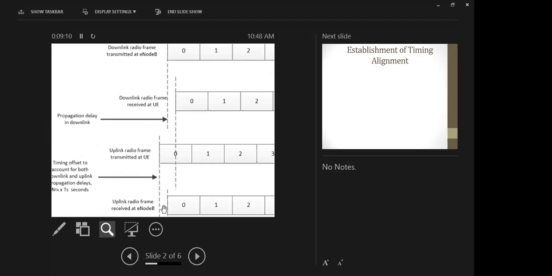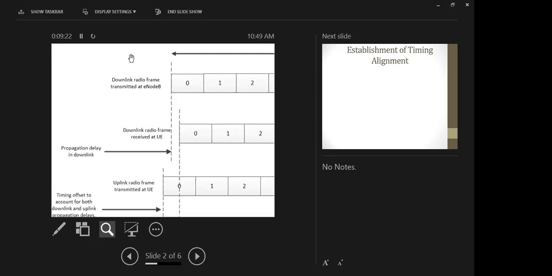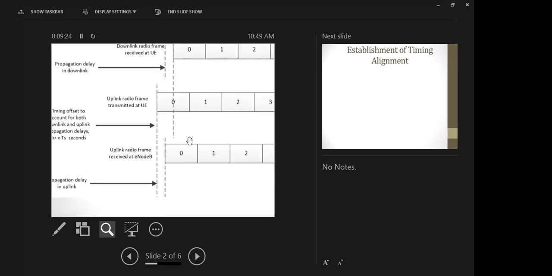So the E node B also keeps monitoring. A little misalignment will be created as you move in the cell.